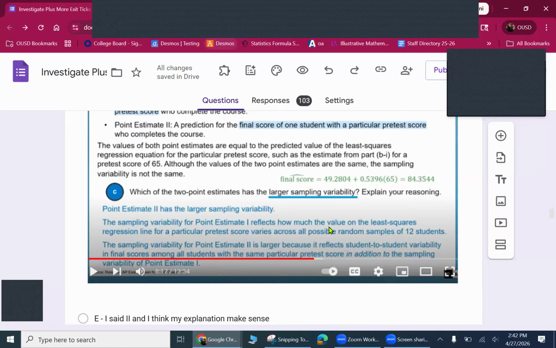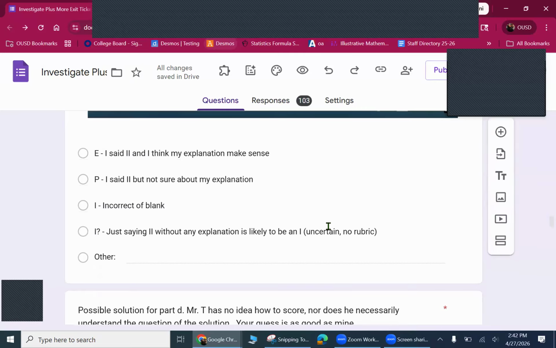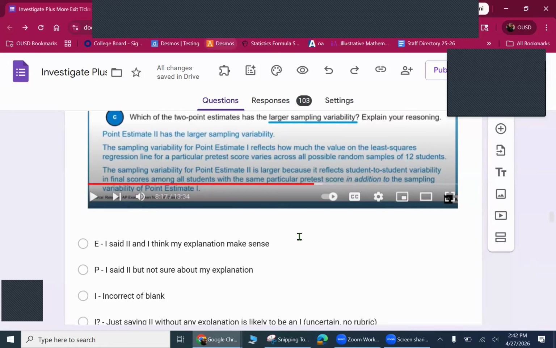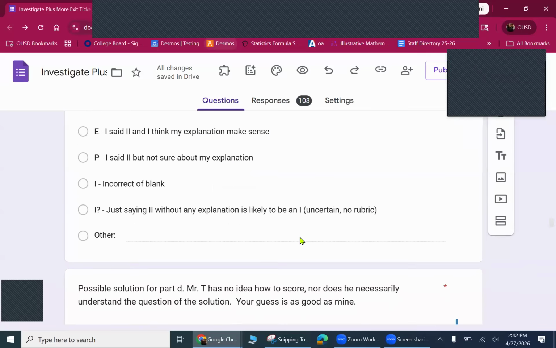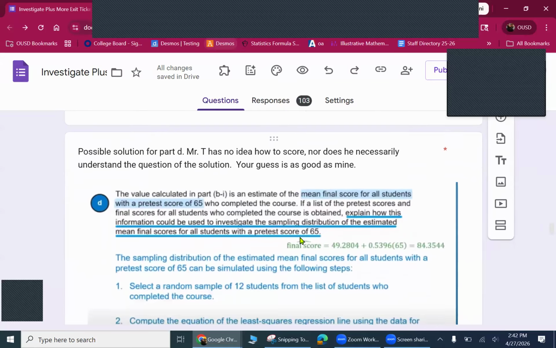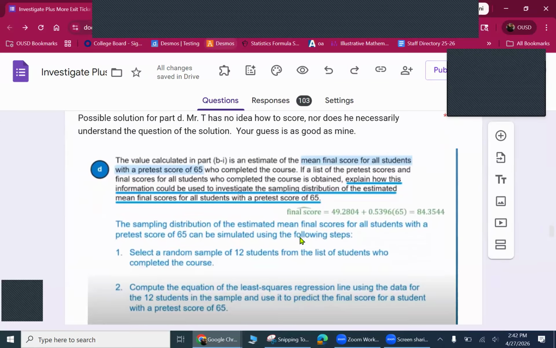That's the way sampling distributions work. So something around that discussion. And once again, hard question, and I don't know what the rubric would look like. I don't know exactly what you get points for. Very, very hard.